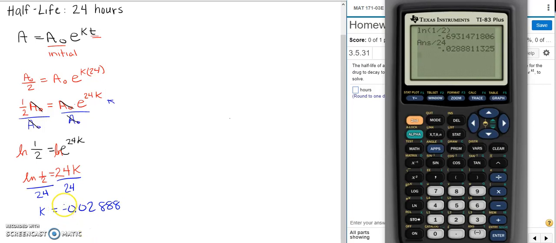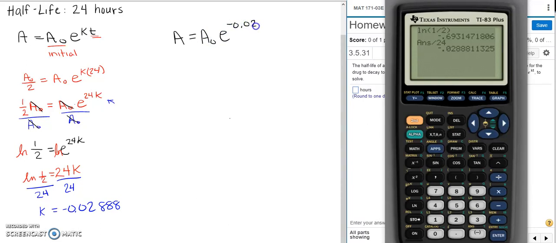And it's negative because this is decaying, right? That makes sense. So my model specific to this kind of tranquilizer is going to have this value of k.